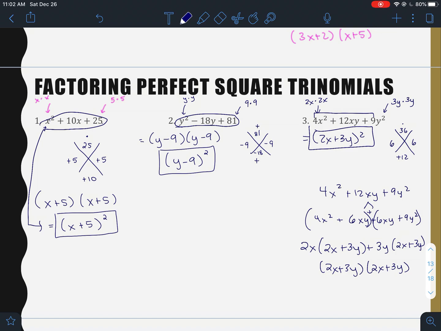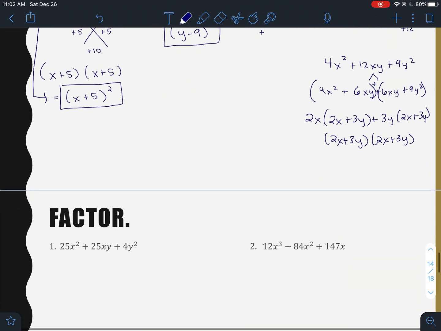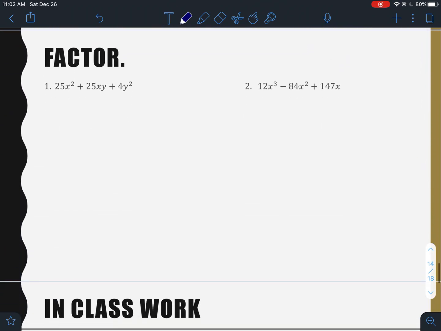That ends up being y minus 9 squared. 4x squared plus 12xy plus 9y squared: the 4x squared was 2x times 2x, the 9y squared was 3y times 3y, and when I factored it, I ended up with 2x plus 3y squared. So you can either factor the normal way that we've learned how to factor, or there's the little trick to it.